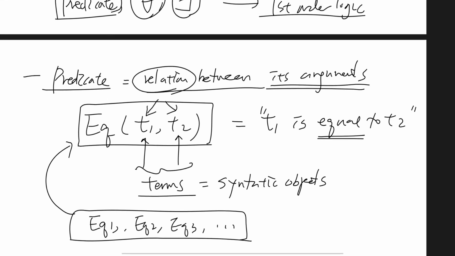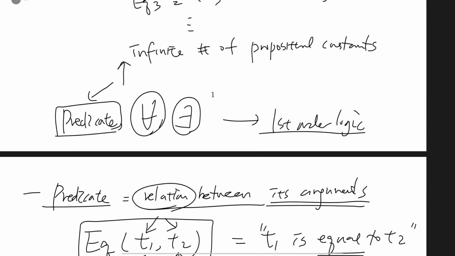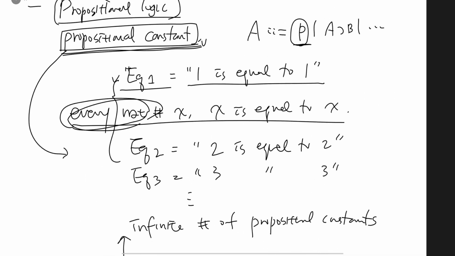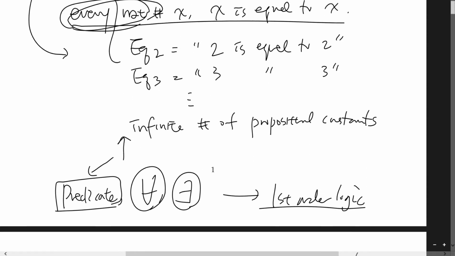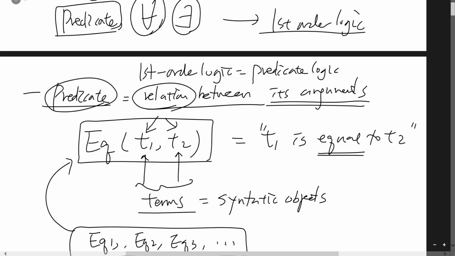So that's the big difference between propositional logic and first order logic. Propositional logic uses propositional constants, whereas first order logic relies on this predicate. And for this reason, first order logic is also called predicate logic, as opposed to propositional logic.